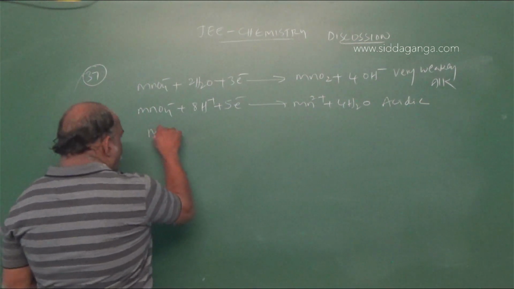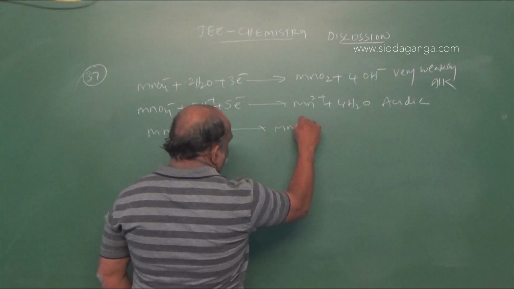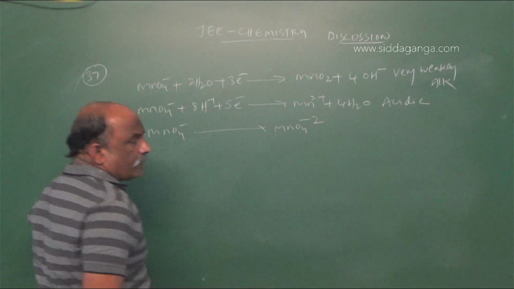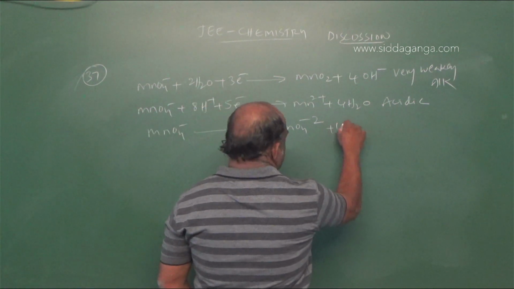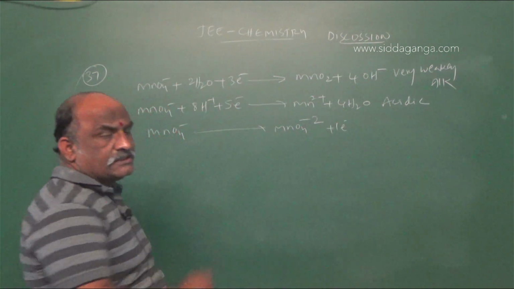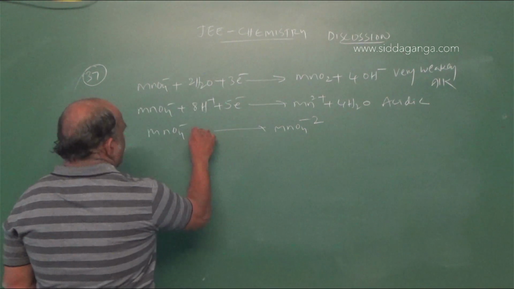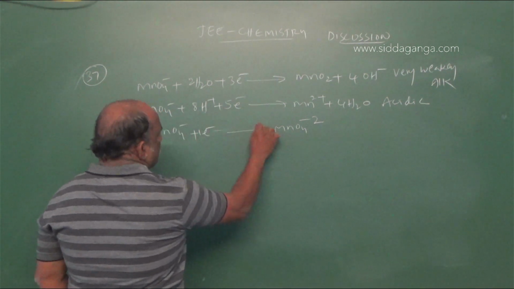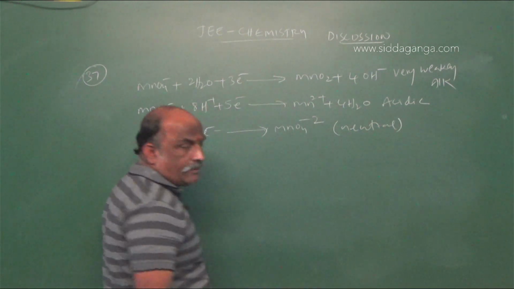And MnO4 minus gives rise to MnO4 2 minus plus 1 electron. This is neutral medium.